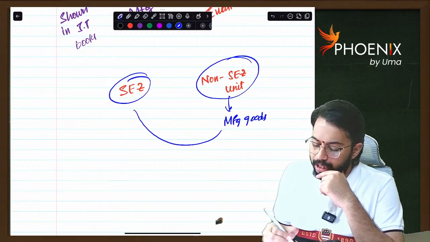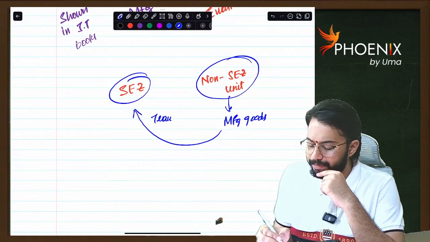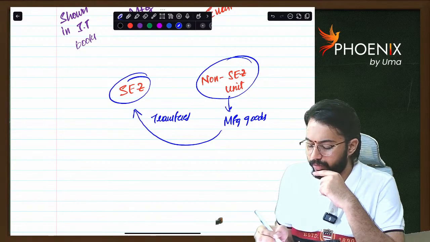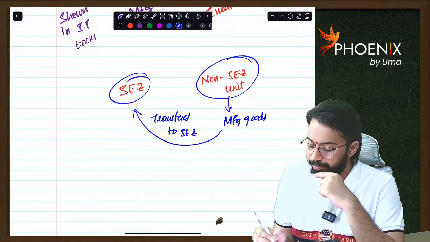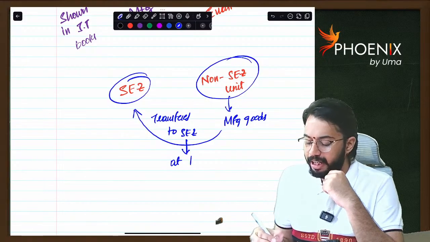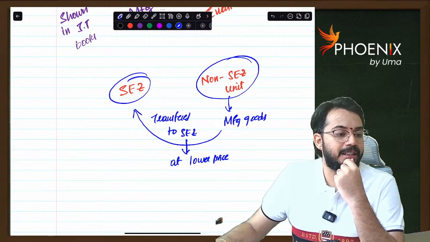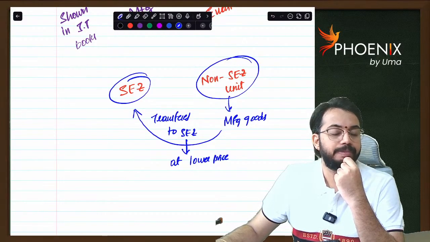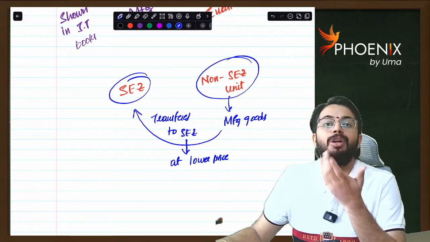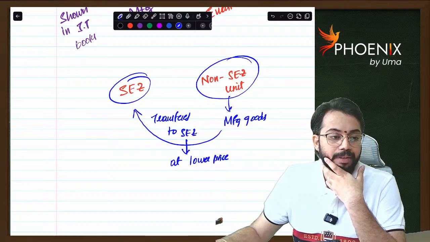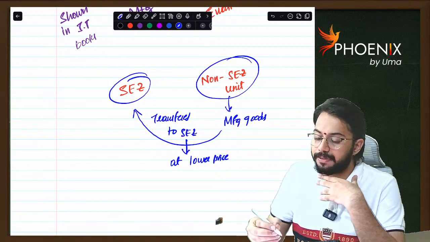All these goods are transferred to the SEZ at a lower price. Why is it transferred at a lower price? Because whenever it is transferred at lower price, lower profits will be there, lower tax can be paid. So here goods are transferred at lower price.